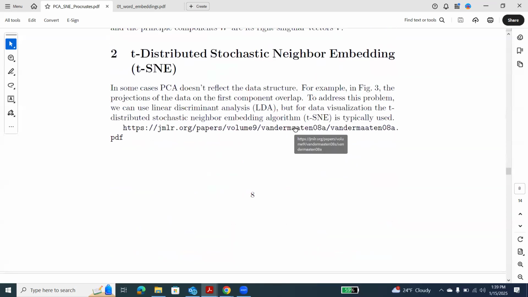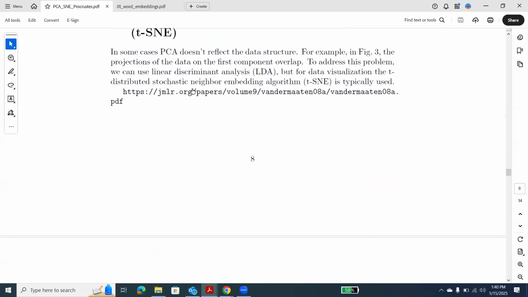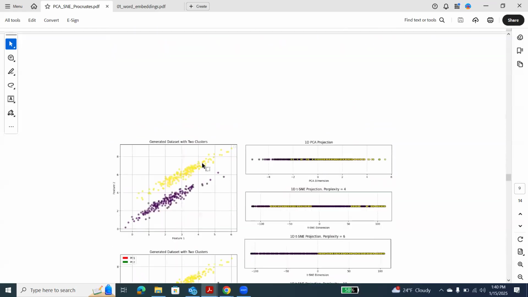Today I want to talk about t-SNE, also, I think, the most popular method for dimensionality reduction. Here is the paper where it was proposed, I believe in 2003 or so.